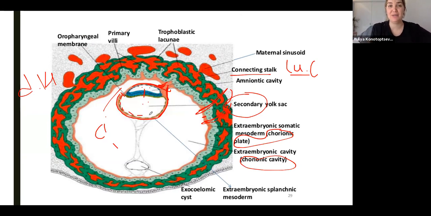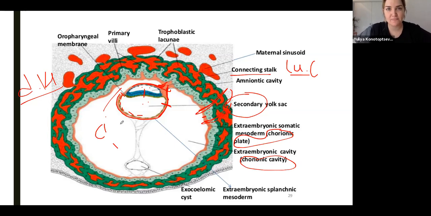So from day 14, you will not only find cells of the hypoblast in the bilaminar germ disc, you will also find cells of the hypoblast in the wall of the yolk sac as well.